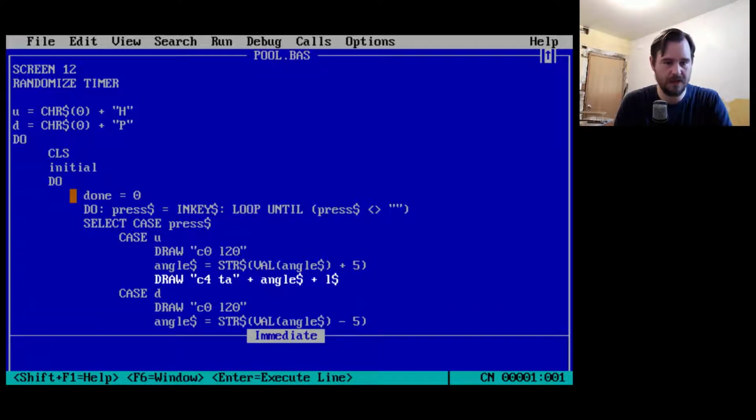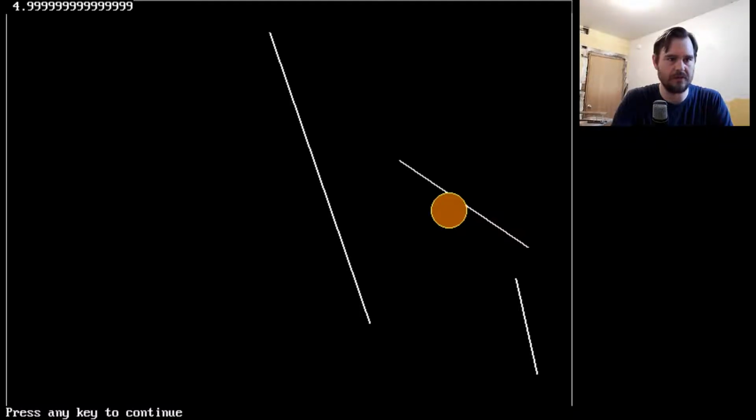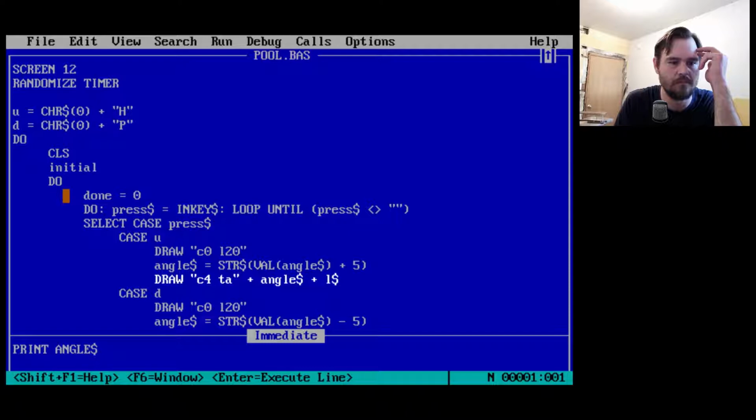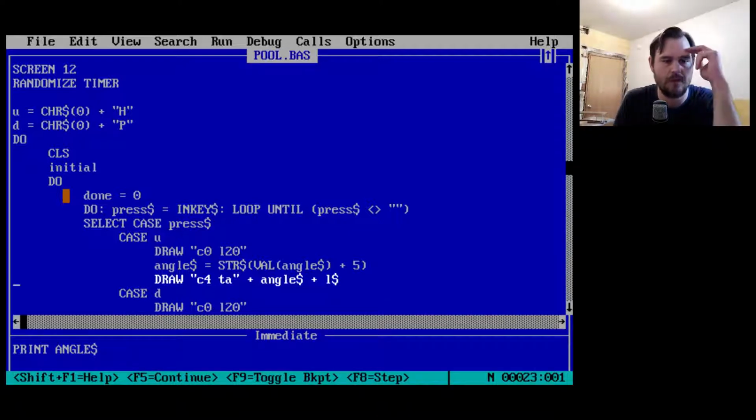Well, what is my print angle string? The string of the value of the angle plus 5.